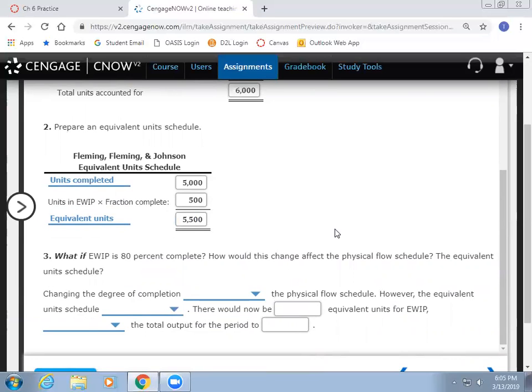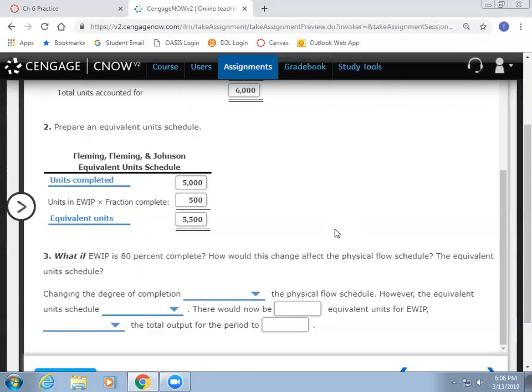Again, all equivalent units means is, given the amount of costs we put in the period, the labor, the materials, and the overhead, if everything would have been completed, we would have had the resources to complete 5,500 units. But the ending work in process still needs additional costs to complete.